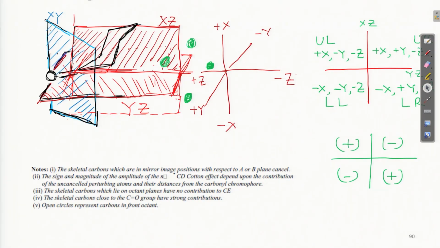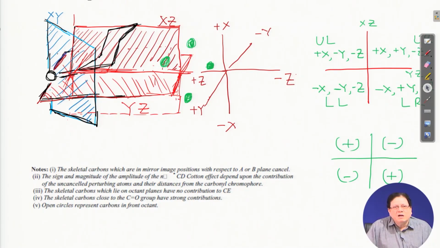So, you measure either this ellipticity against decreasing wavelength, or the difference of the refractive index between the right and the left circularly polarized light.